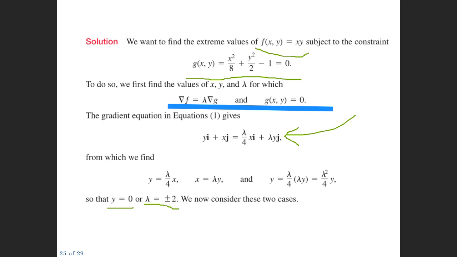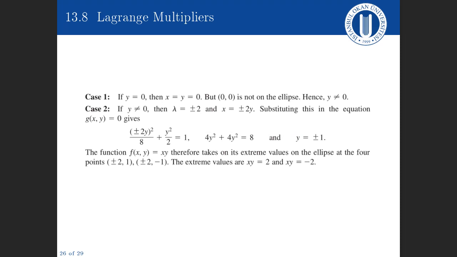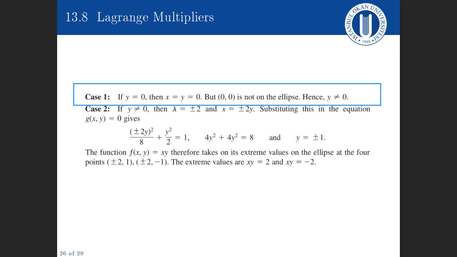We're going to do these 2 cases separately. First, what do we have if we have y equal to 0? But then we would have x equal to y equal to 0, but 0, 0 is not on the ellipse. So this can't be true. Forget about this one.